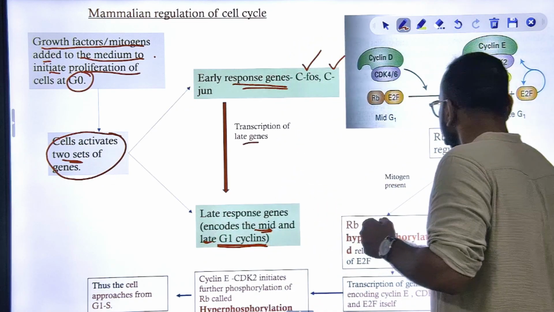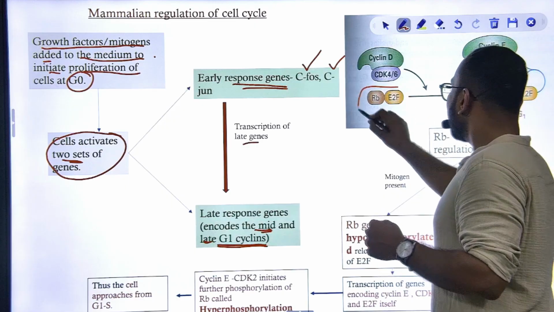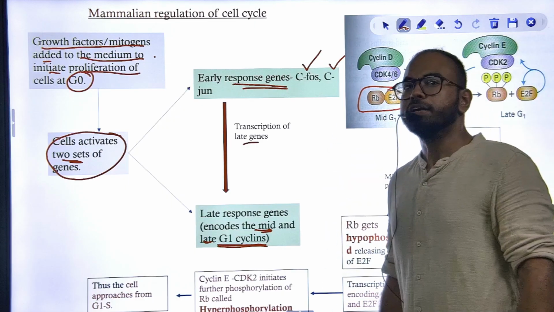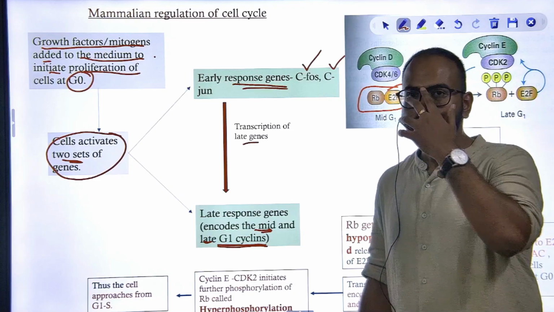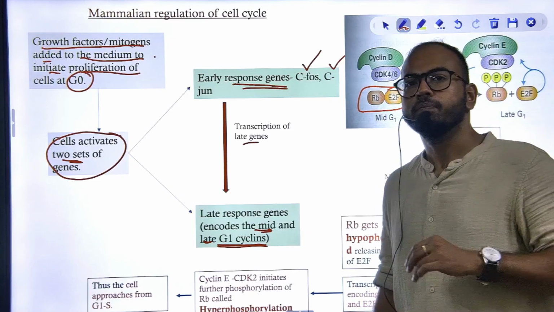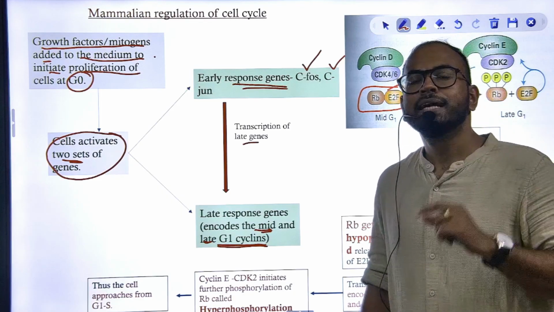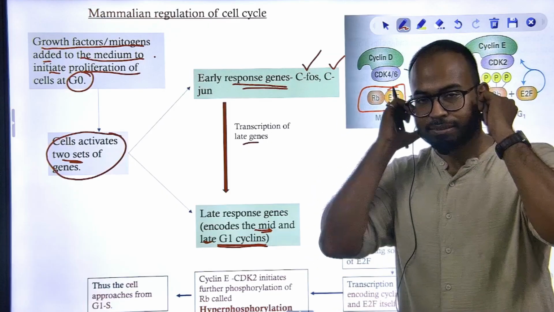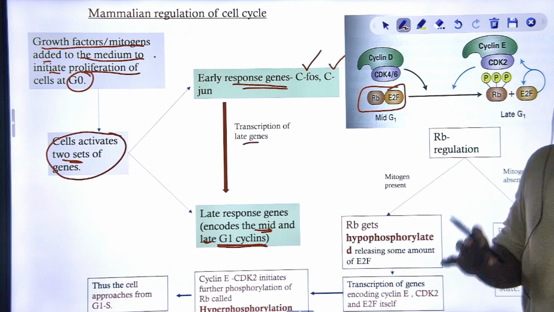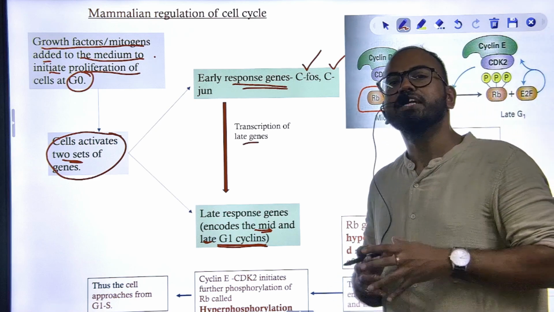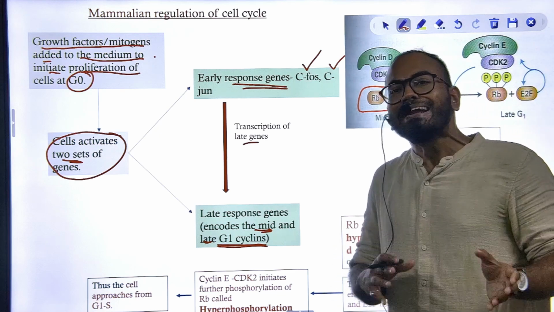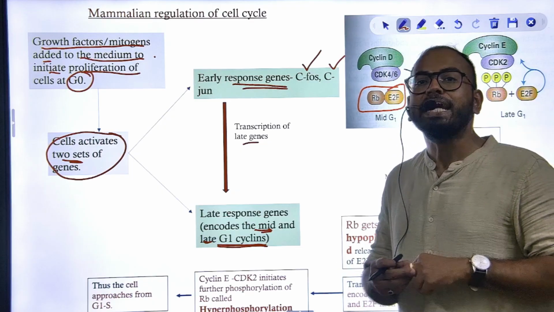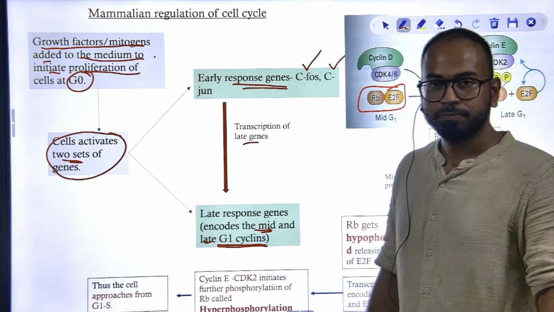RB blocks E2F. What is E2F? Elongation factor 2. Where is it required? At the end of G1 or at the beginning of S. For transcription, E2F is required at the end of G1 and at the beginning of S, where replication actually takes place.